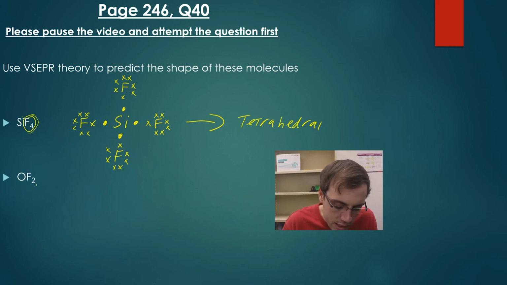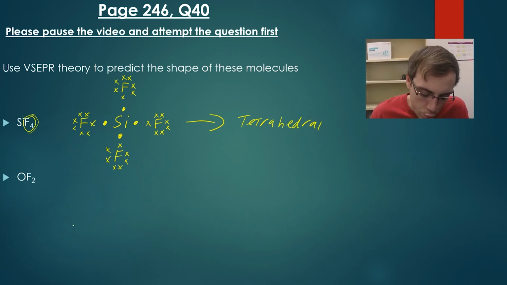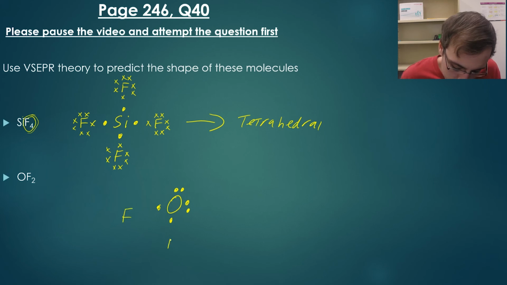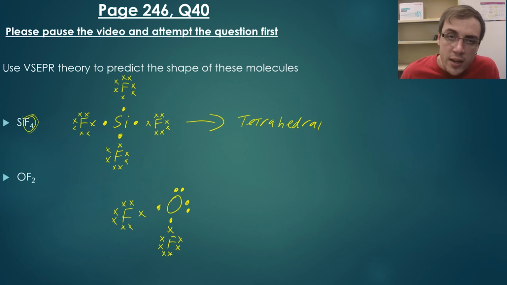Now, the next one that we're going to look at is OF2. So again, we draw our central atom connecting to 2 lots of fluoride. Now we check if they've all got 8, so 7 and 1 is 8, 7 and 1 is 8, 2, 4, 6, 8.